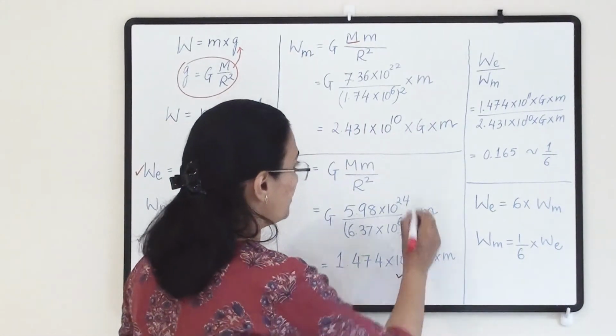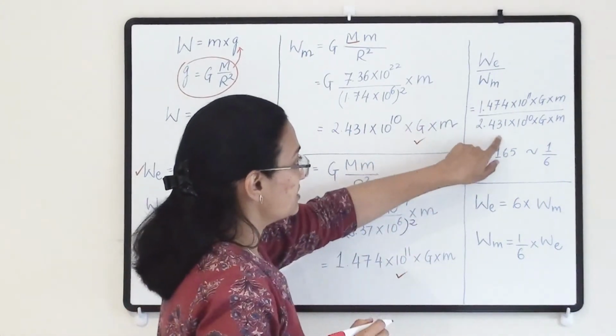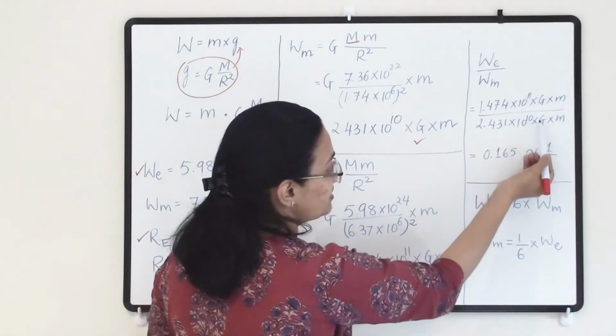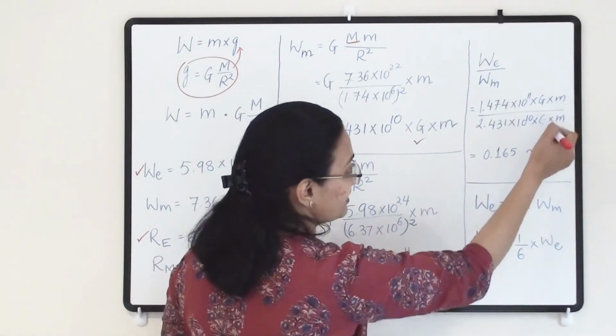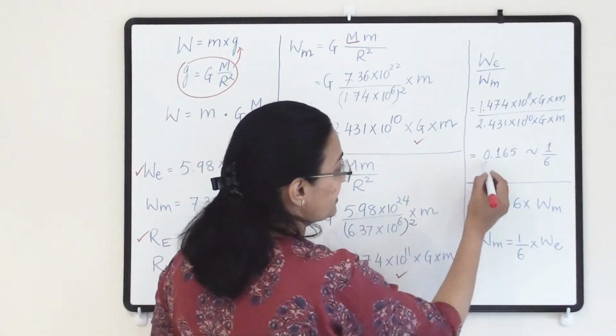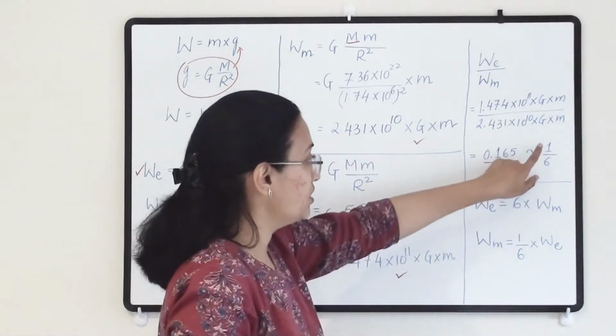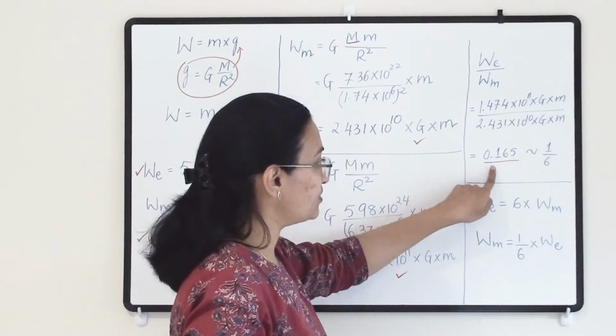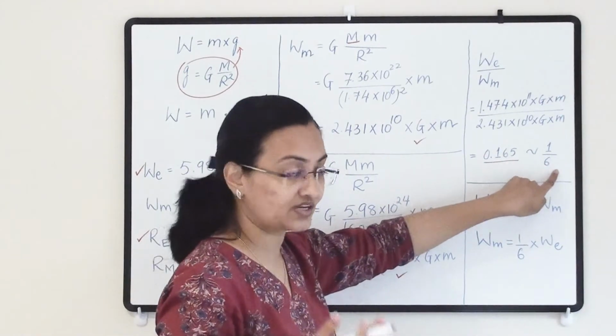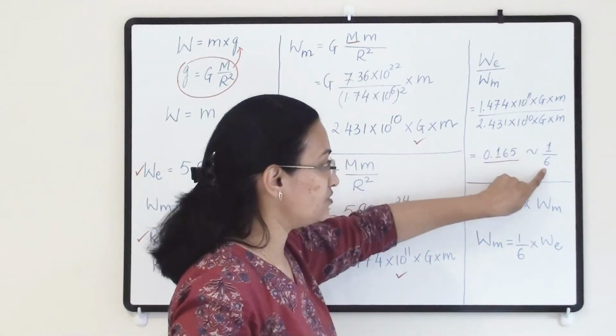Substituting these two values in this equation, capital G and small m get cancelled, and we get the answer 0.165, which is almost equal to 1 divided by 6. This is the decimal; when we convert it into fractional form, it is 1 divided by 6.